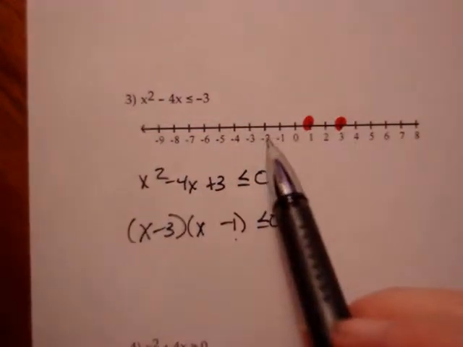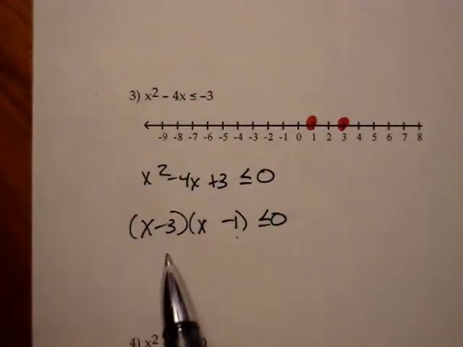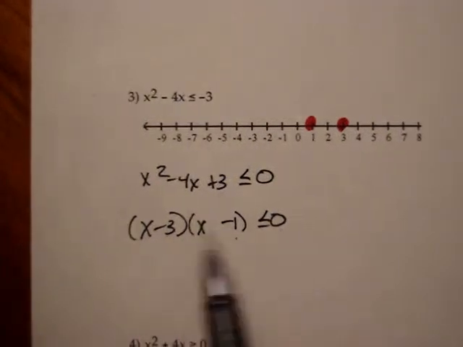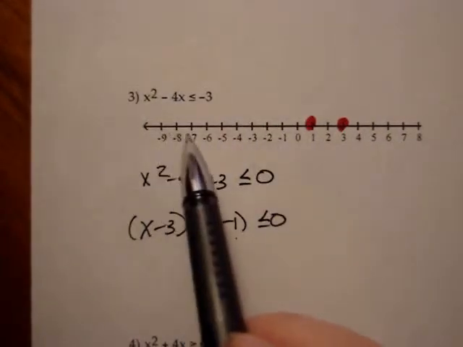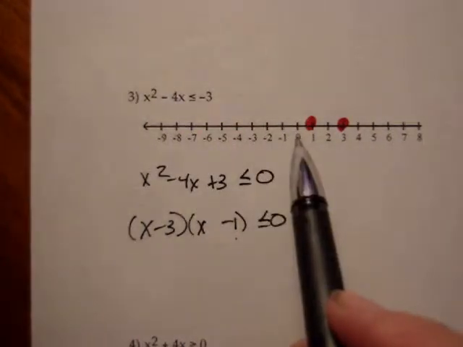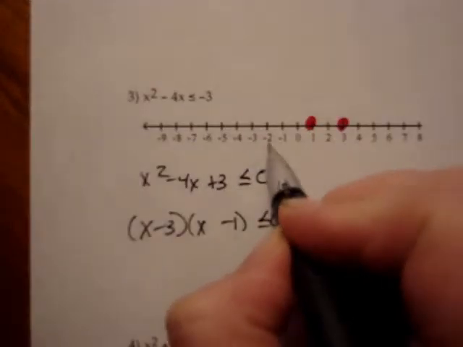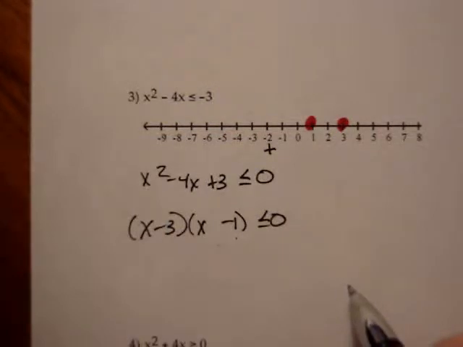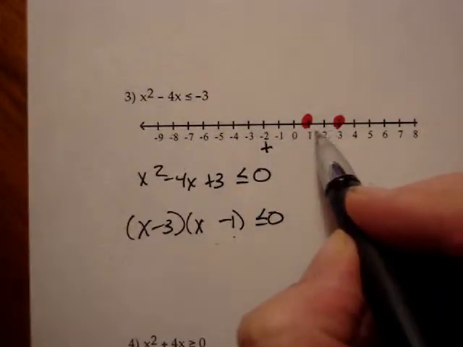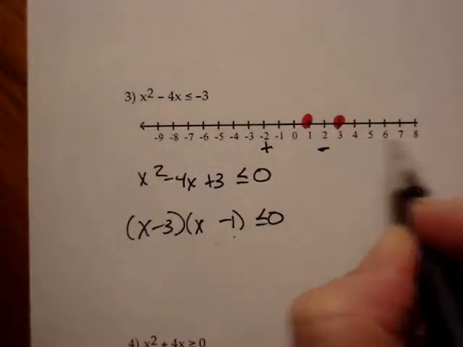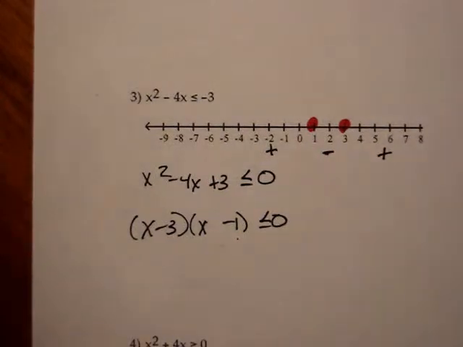Okay, so you pick your test points and you plug them in. I would plug them into the factored version here. It makes it much easier, and in this version, I'll just tell you what the answers are. On the left-hand interval, everything's going to be positive answers that come out. In the middle, everything's going to be negative answers, and on the right-hand interval, everything's going to be positive answers.